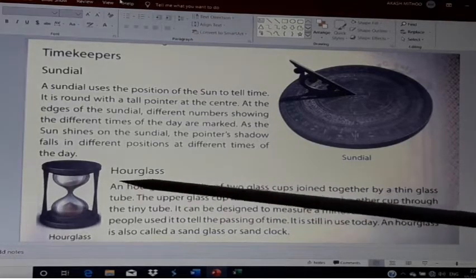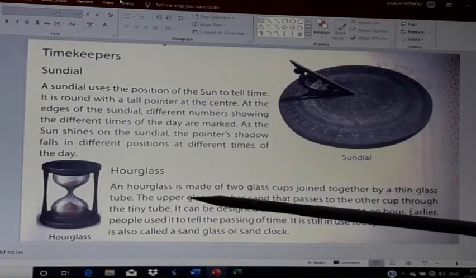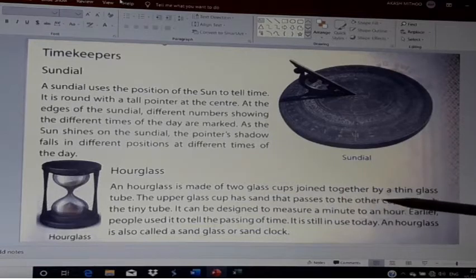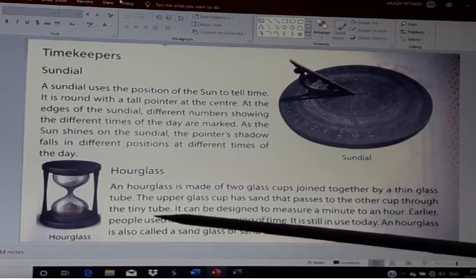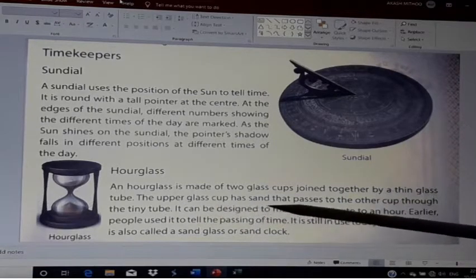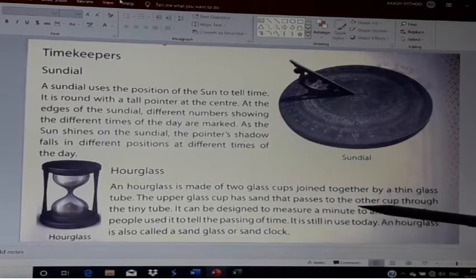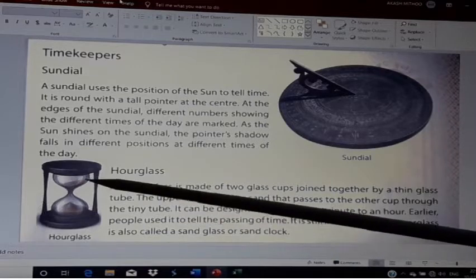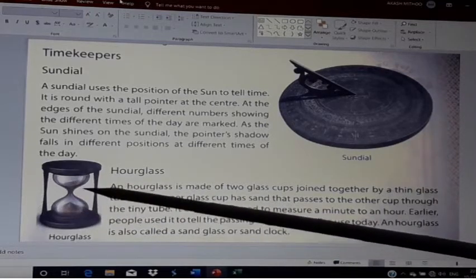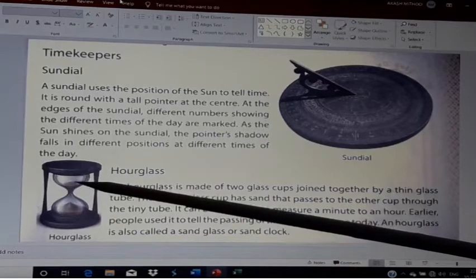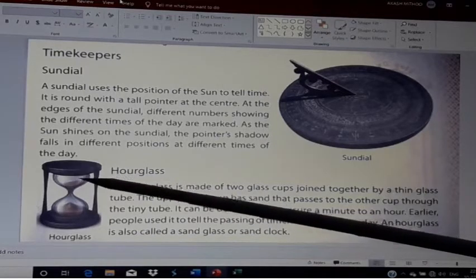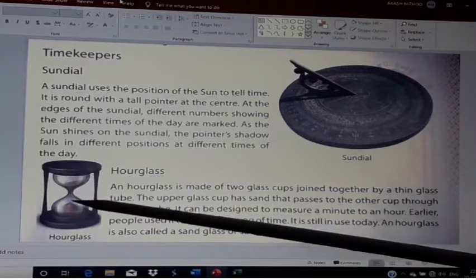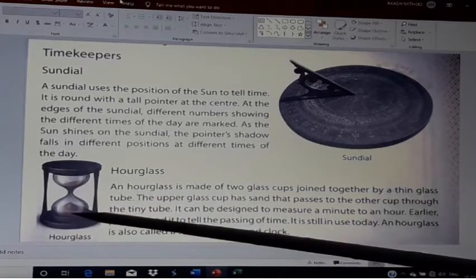Next, hourglass. An hourglass is made of two glass cups joined together by a thin glass tube. The upper glass has sand that passes to the other cup through the tiny tube. Children, there are two glass cups. Sand is kept on the top one, and the sand passes through a thin tube and falls on the second cup.